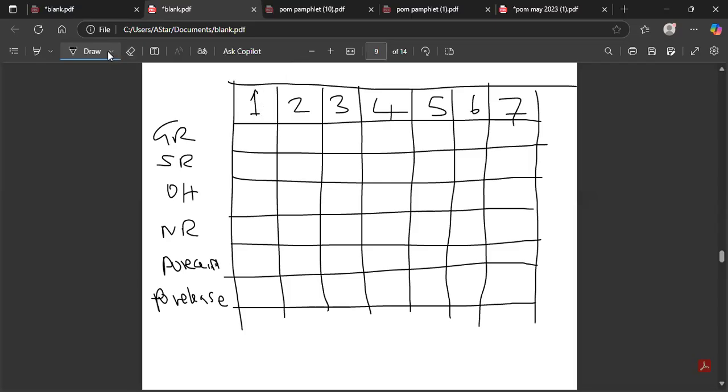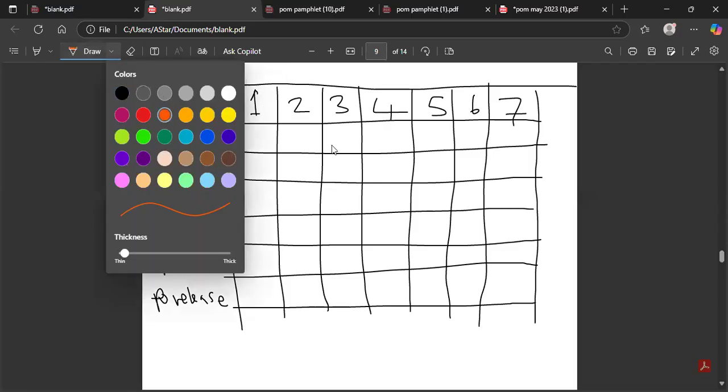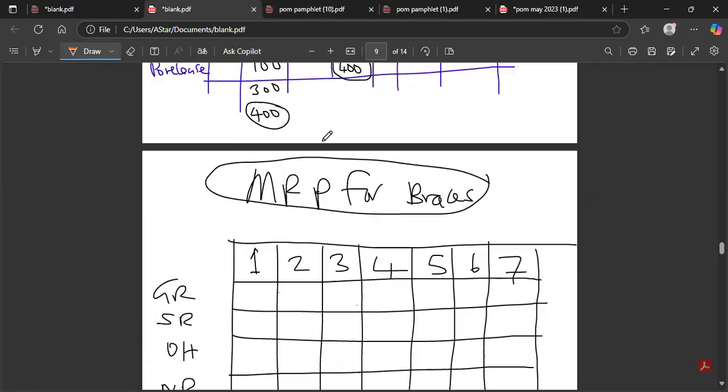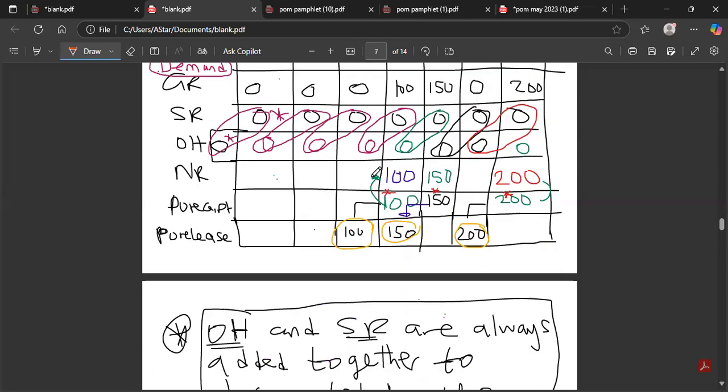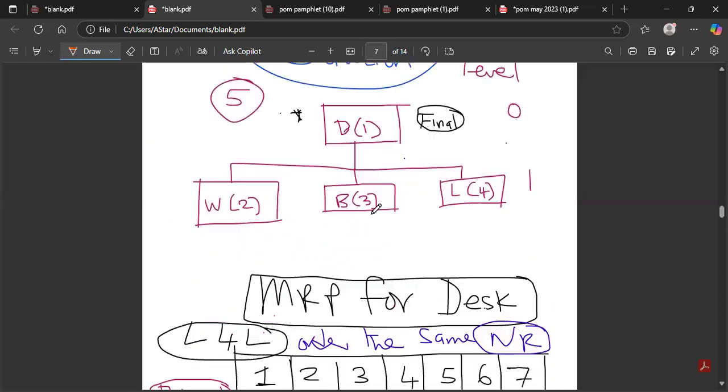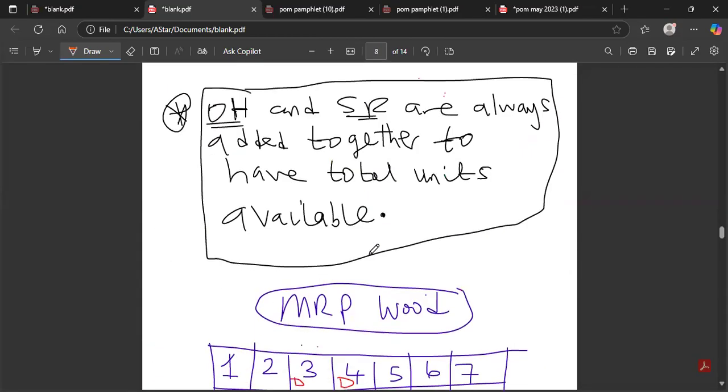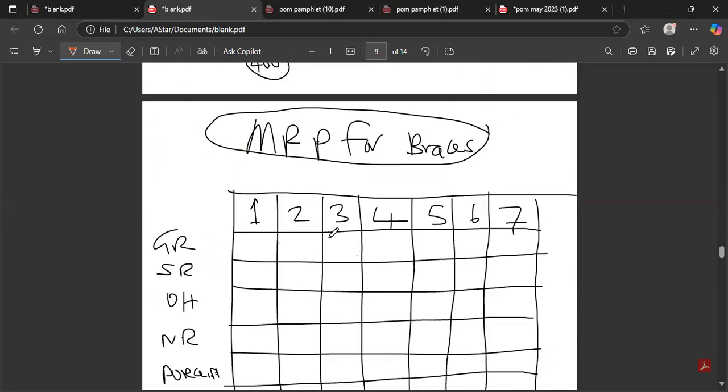So the braces are coming from where? Also from D. Okay, so meaning in which block? Let's go back to D. So we're coming from D. Week 3, 100 by 3, which will give us what? 300.